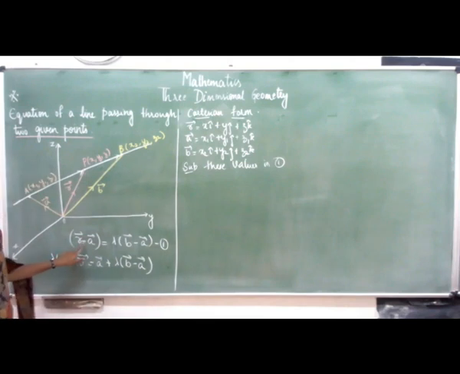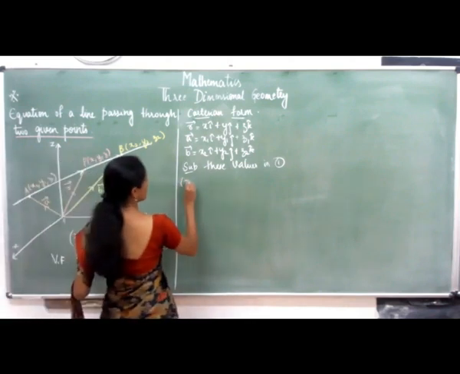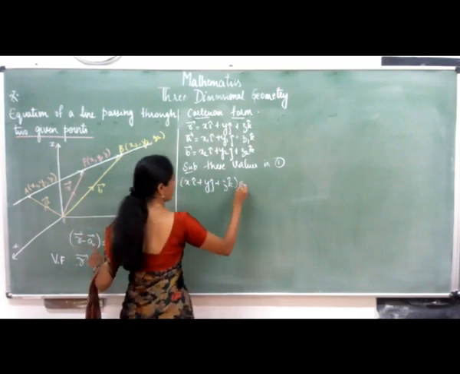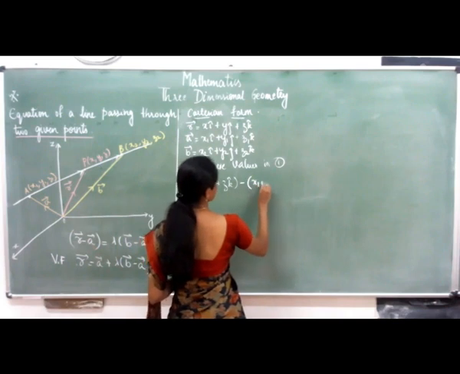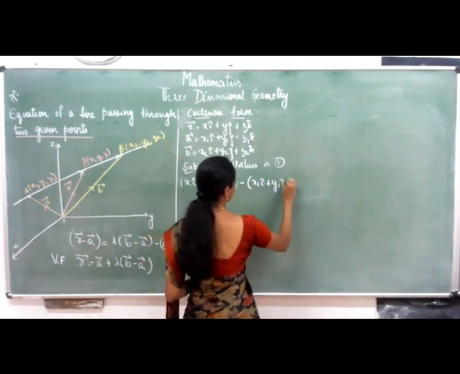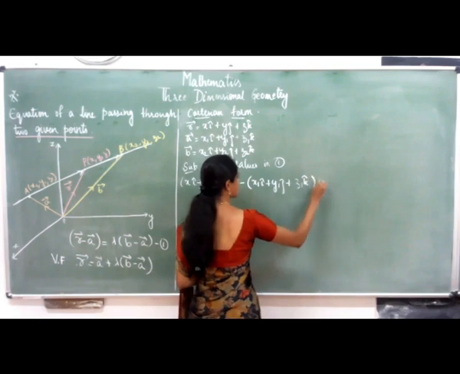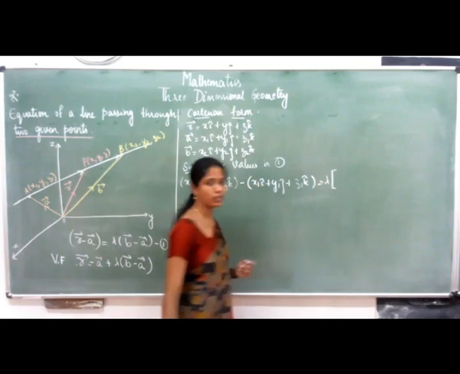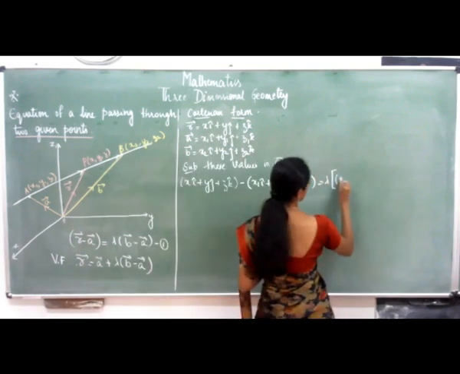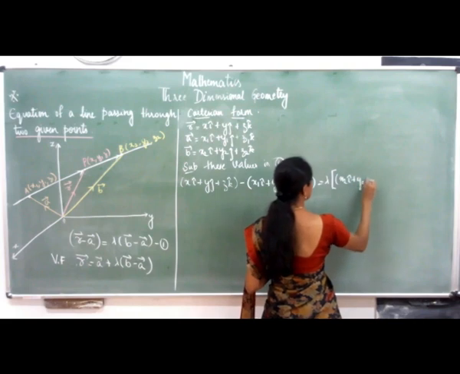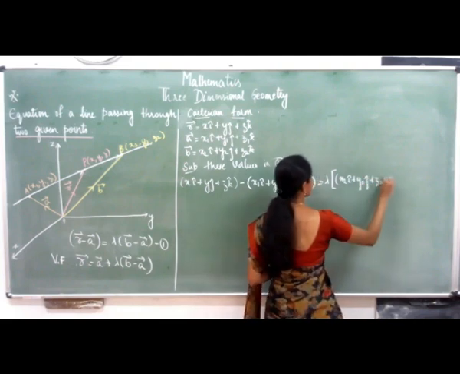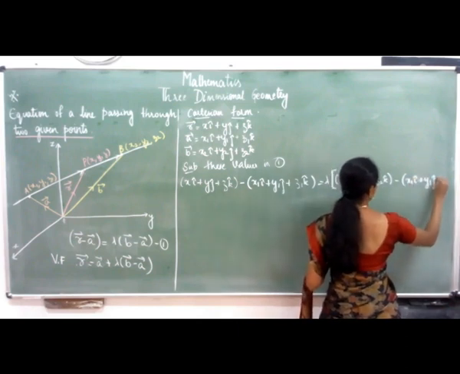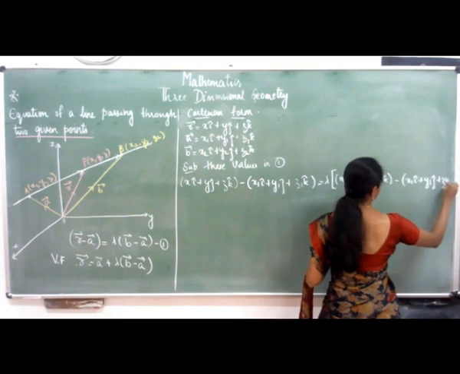So we have vector R minus vector A. So vector R is x i cap plus y j cap plus z k cap minus vector A, which is x1 i cap plus y1 j cap plus z1 k cap. This is our LHS, which is equal to lambda times vector B minus vector A. So vector B is x2 i cap plus y2 j cap plus z2 k cap minus vector A, which is x1 i cap plus y1 j cap plus z1 k cap.